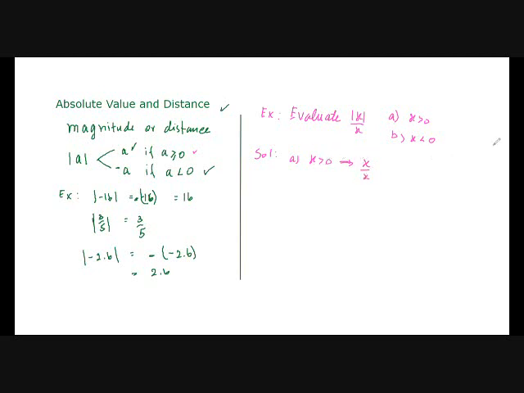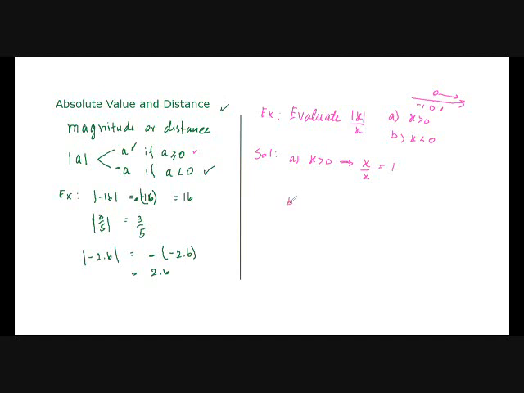If you draw a number line, for example with 0 right here, everything on this side is positive. So x greater than 0 means going to the positive real numbers, and this is going to be equal to 1.